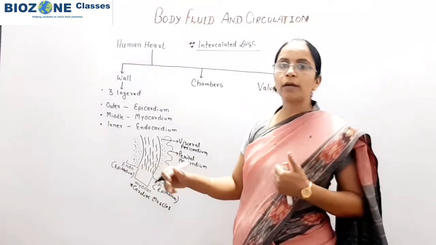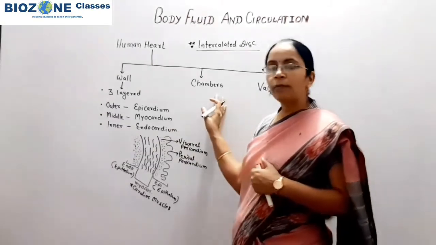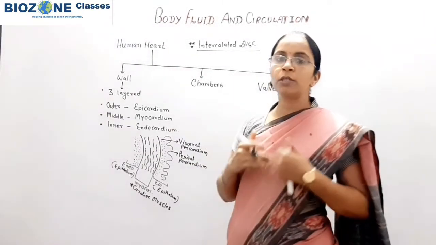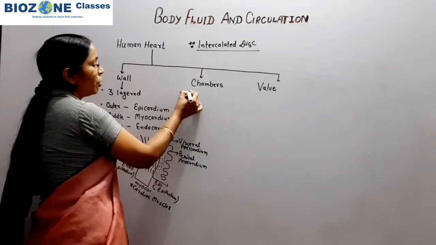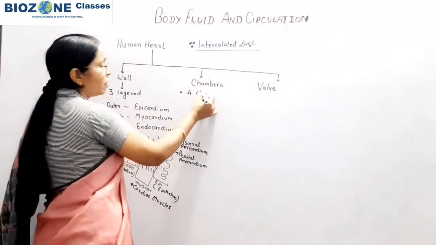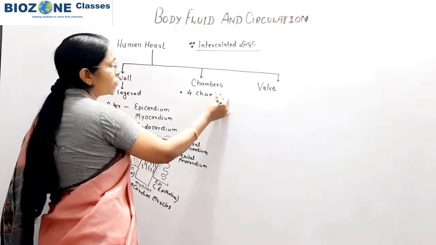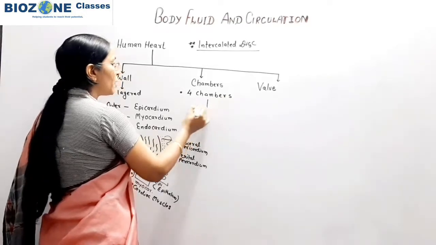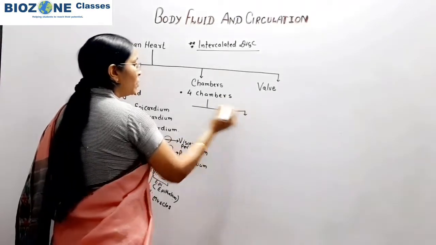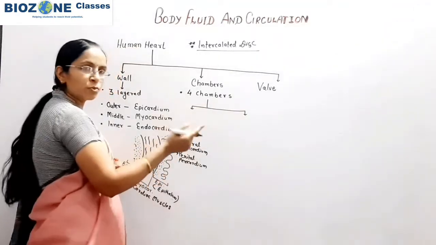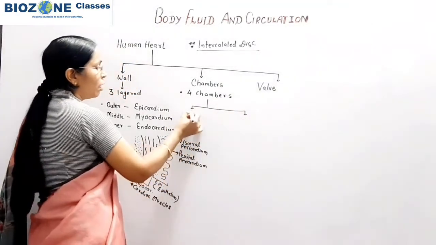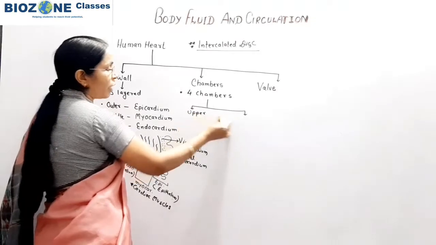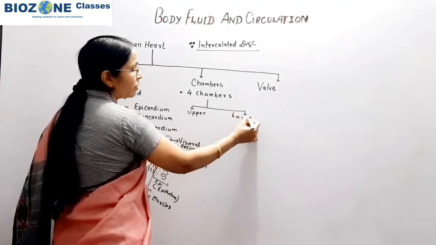Okay. Now we come towards the chambers. When we study the chambers, here you remember the human heart mainly consists of 4 chambers. These chambers are divided by transverse septum into upper chambers and lower chambers.